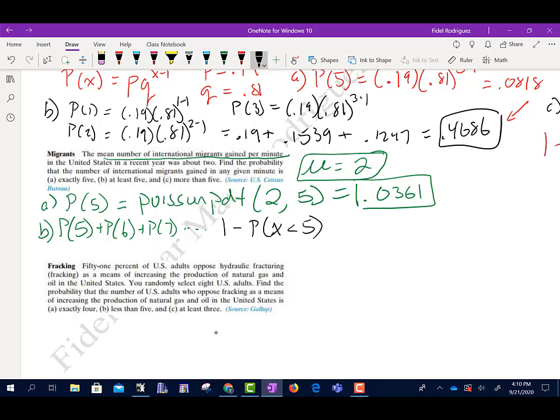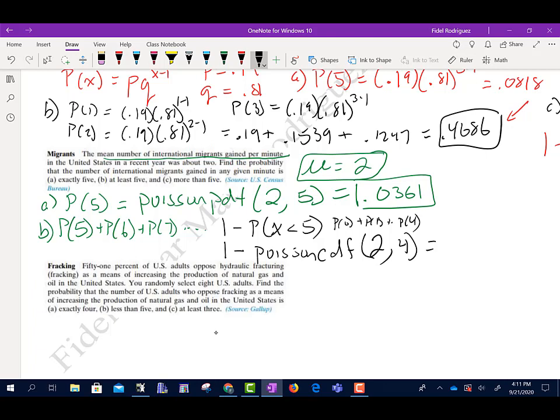So 1 minus the probability of less than 5, which would be Poisson CDF with my average still being 2. Less than 5 means 0 or 1 all the way to 4, because it has to be less than 5.